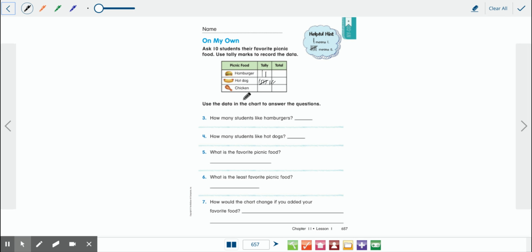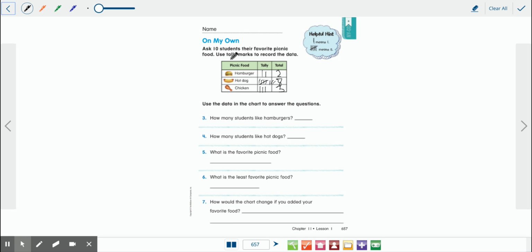And chicken, let's say 3. 1 tally, 2, 3. And now you're going to go back and put the total next to your tally marks. And see if they match mine, if you're choosing to use this information or this data.